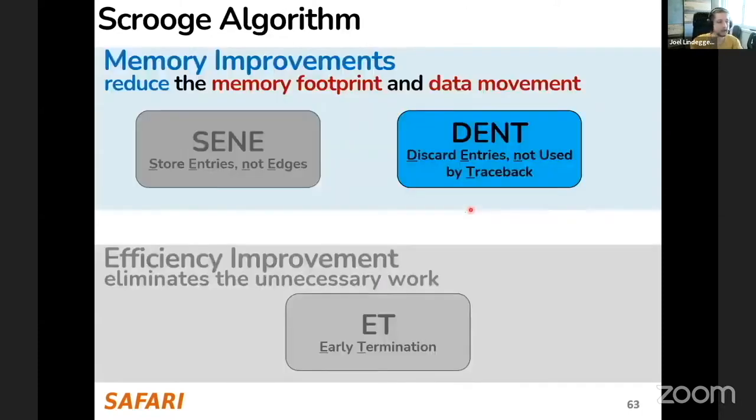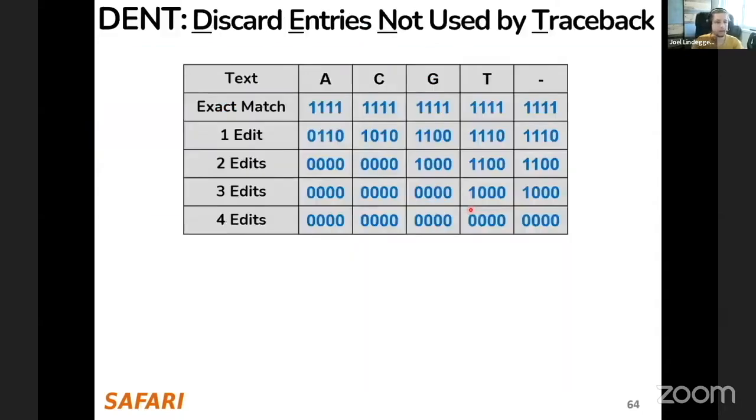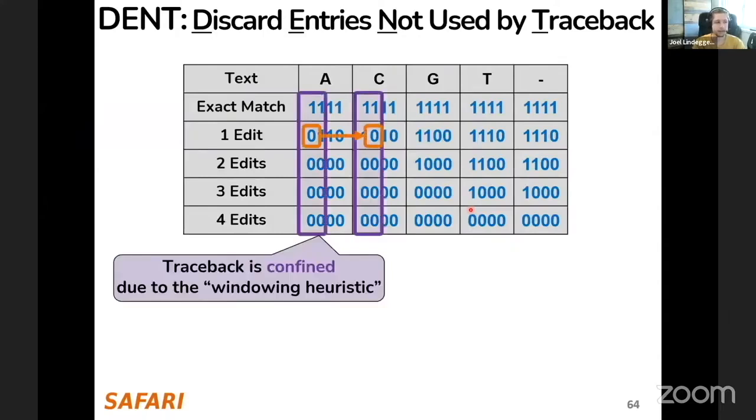Okay, then we have the DENT improvement, discard entries not used by traceback. And this one comes from the observation that traceback here is essentially confined to a small area in the dynamic programming table. This is due to the windowing heuristic. I didn't introduce this in detail; I would refer to the paper for that. But essentially, it turns out that due to this windowing heuristic, traceback can only go 2 bits to the right in a 4-bit table.